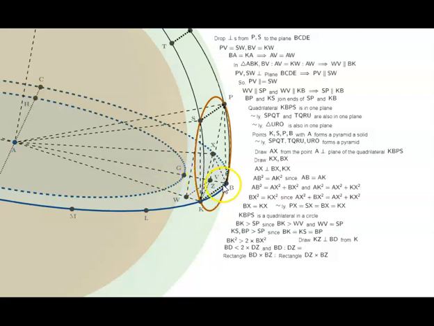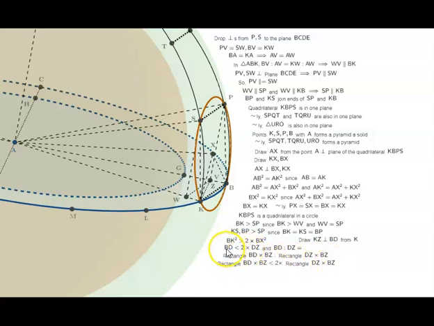So basically this part is coming with a little construction, which I have not shown because it becomes too messy then. Basically what we are doing is we are drawing a square on BZ and we are completing the parallelogram on DZ. When we do that, we get this proportionality.